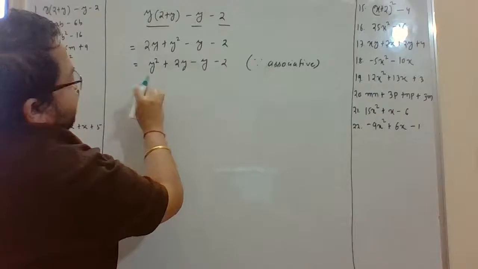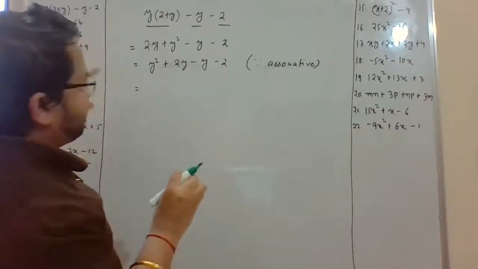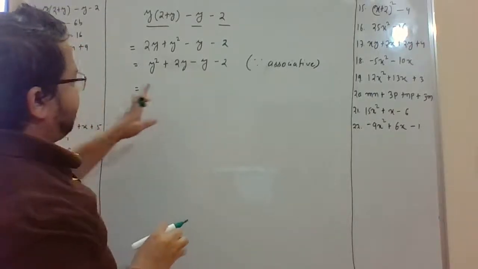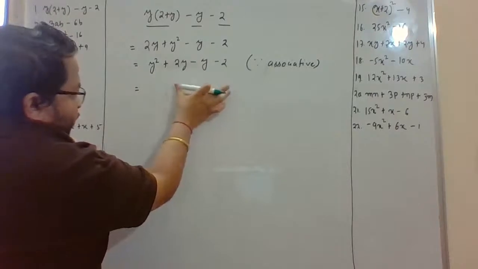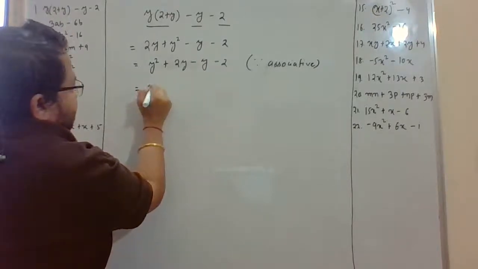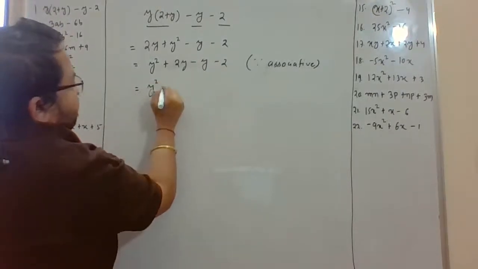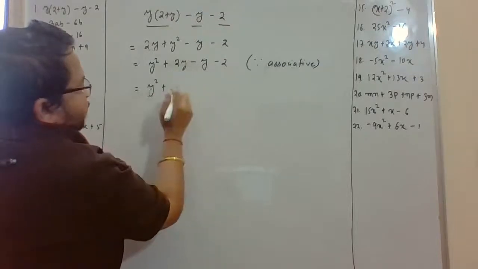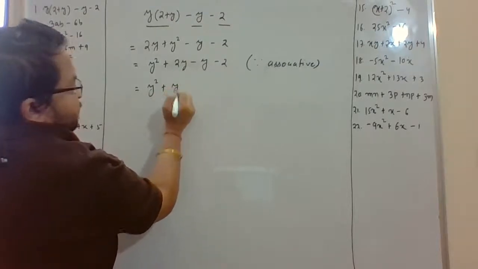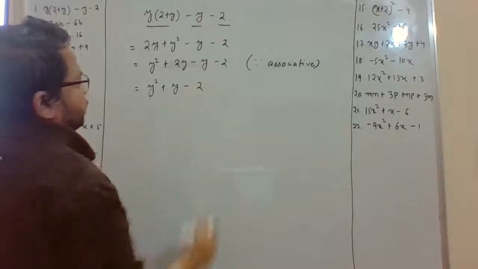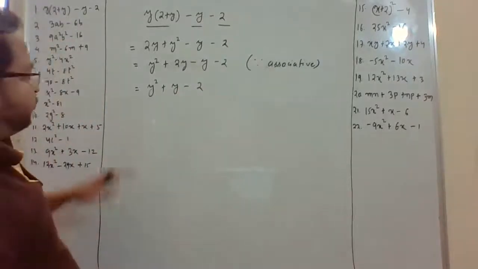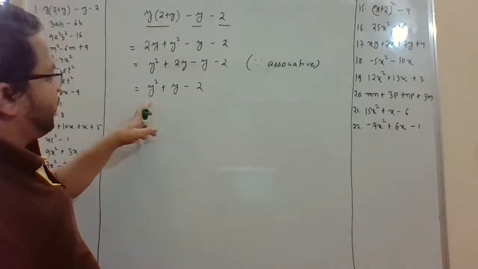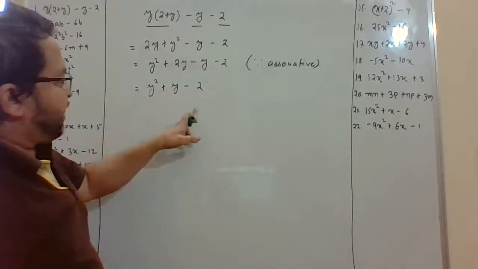Now if you do this, you can easily see that there are multiple ways of solving it. You can add these terms together and arrive at y squared plus 2y minus y, which is plus y, minus 2. So now I'm getting y squared plus y minus 2.